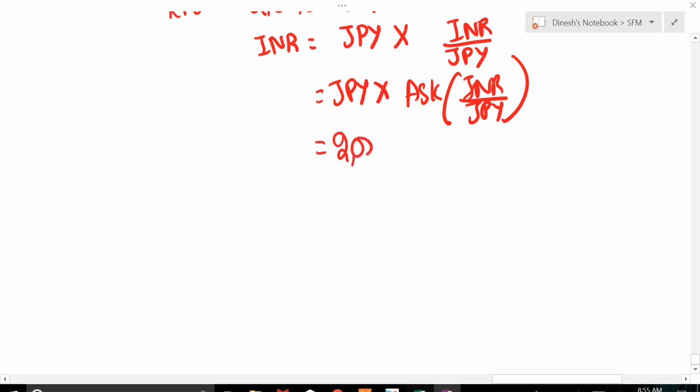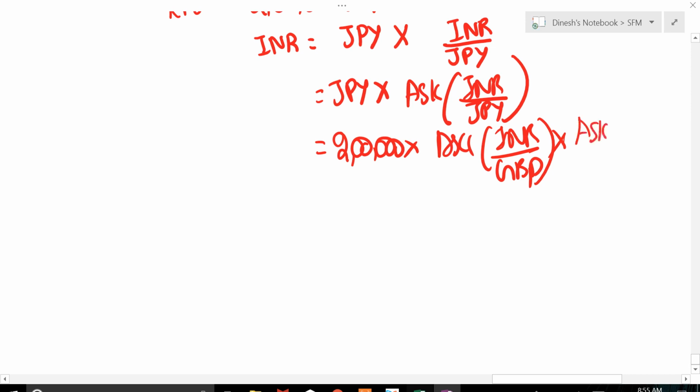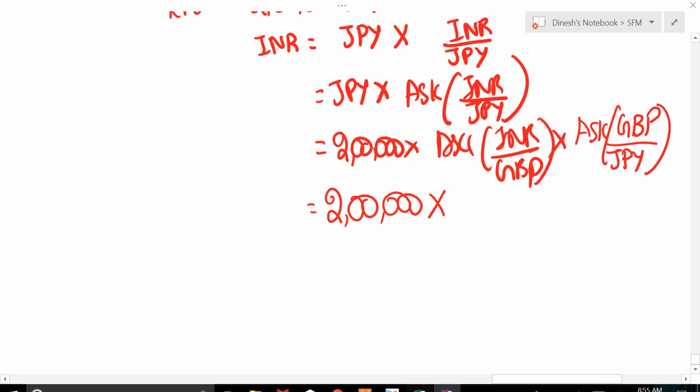2 lakh into ask INR per GBP into GBP per JPY. INR per GBP, ask rate.